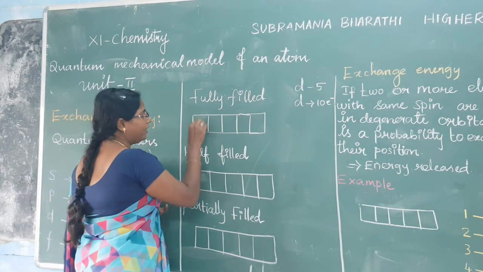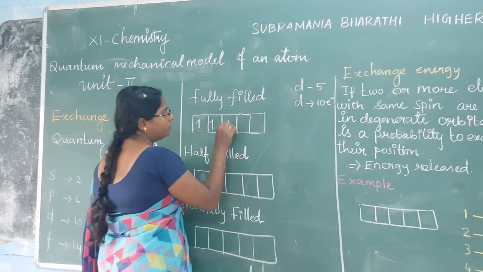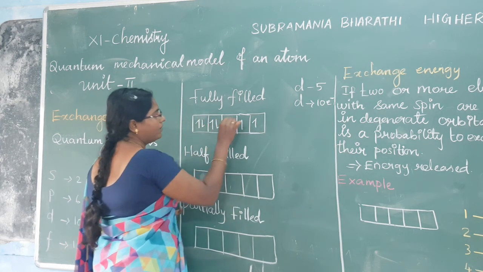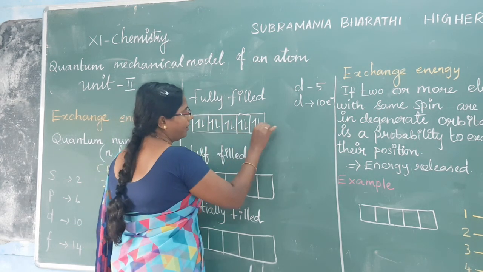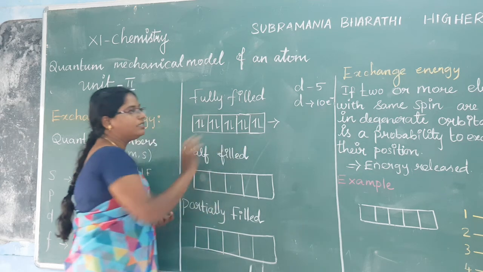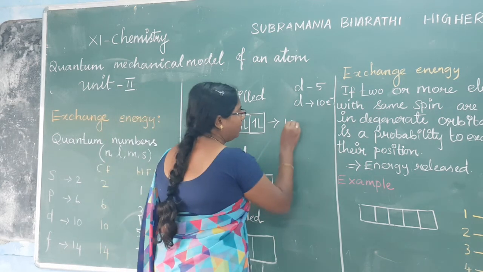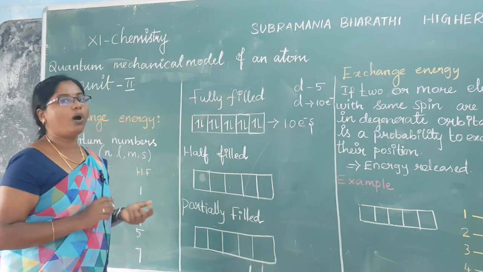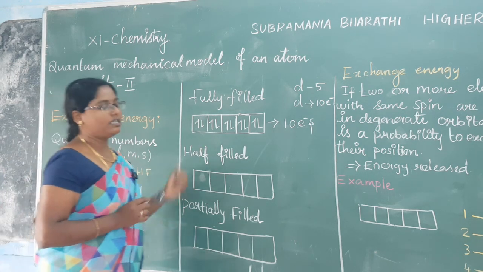So let me write the electrons: 1, 2, 3, 4, 5, then 6, 7, 8, 9, 10. So this degeneracy set has 10 electrons. This is called a fully filled or completely filled degeneracy set.